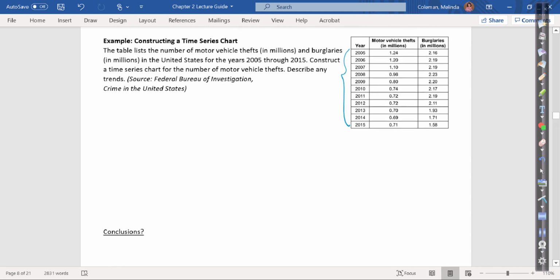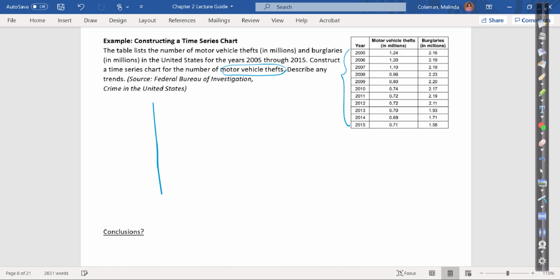So this example in the table lists the number of motor vehicle thefts in millions and burglaries in millions in the United States for the years 2005 to 2015. Construct a time series chart for the number of motor vehicle thefts. So we're going to do just motor vehicle thefts this time.